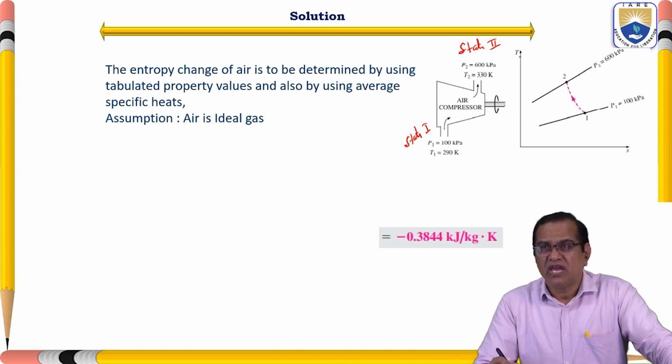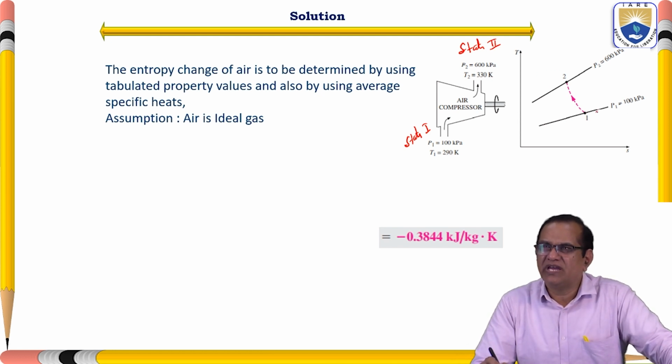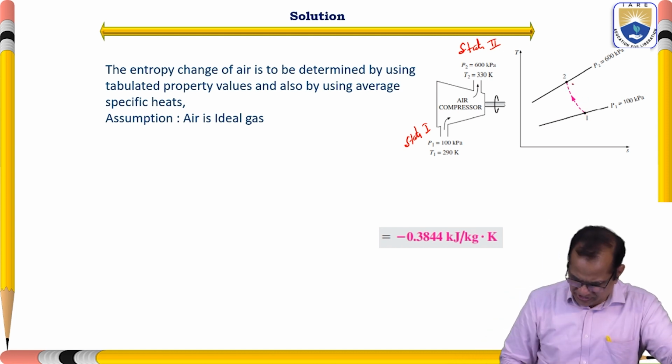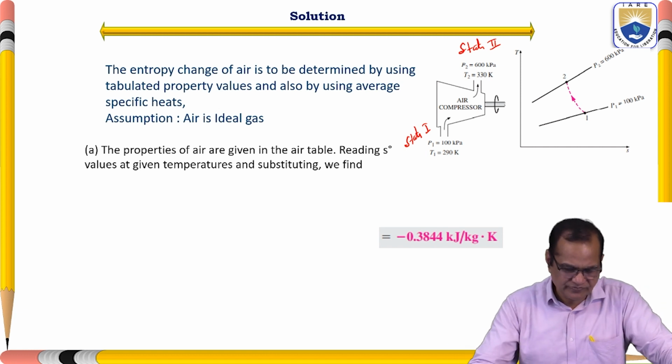If you draw in the T-S diagram, this is P1 and this is P2, both are not parallel, they are diverging. So here P1 is 100 kilopascal and P2 is 600 kilopascal, and this is going from 1 to 2. This is the process which is shown here.